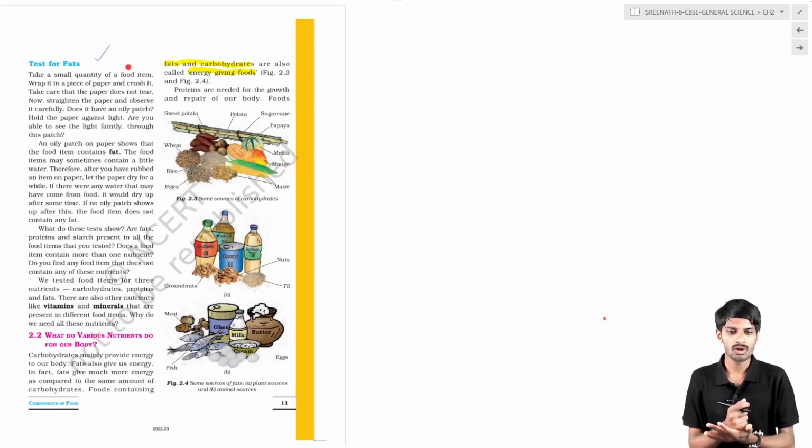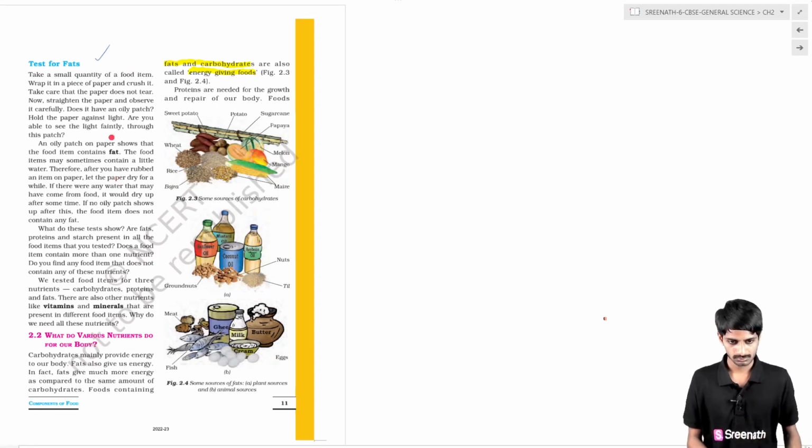Finally, if you carefully observe, now open the paper. What will you observe? Do you observe any oily patch? If you observe any oily patch, hold the paper against the light. Are you able to see the light faintly through this patch?